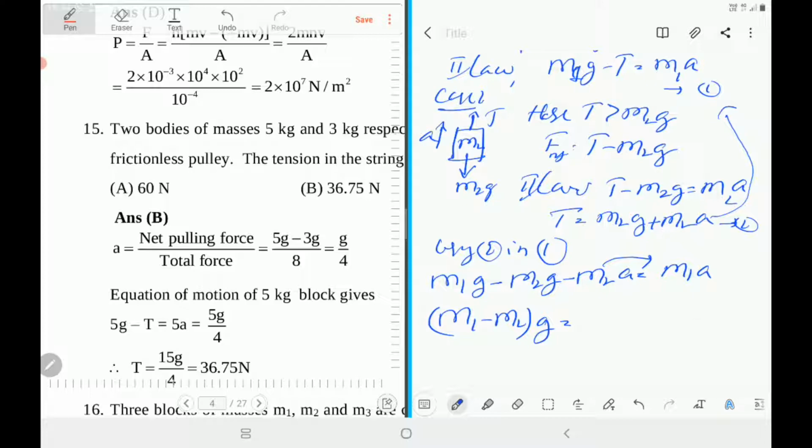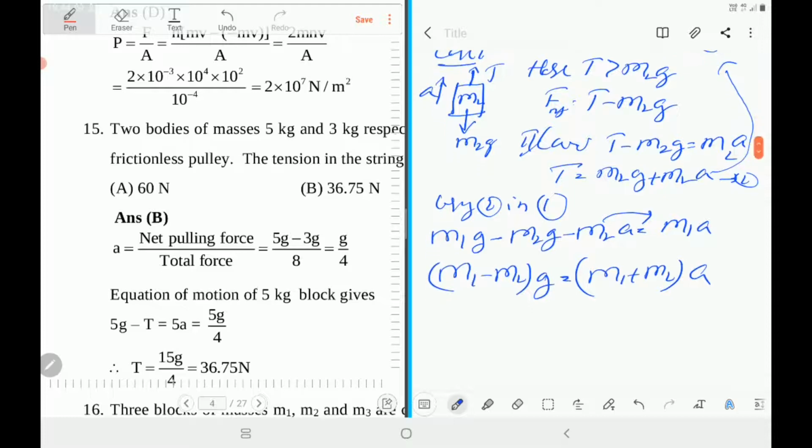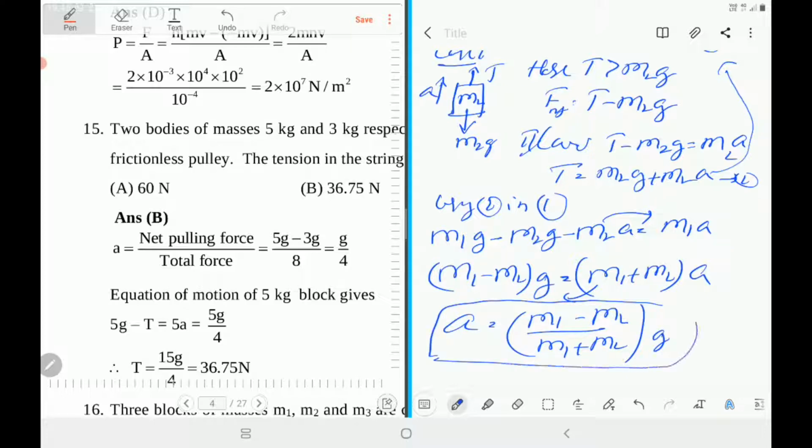On the right side you have m1 plus m2 times a. That's it. Practice the simplification. Each and every step must be familiar to you because you are in the learning stage of applying laws of motion to write down equations of motion and also solving them. What's a finally? Finally a is, you bring this to the denominator, m1 minus m2 divided by m1 plus m2 times g. What is this? Acceleration of the body.